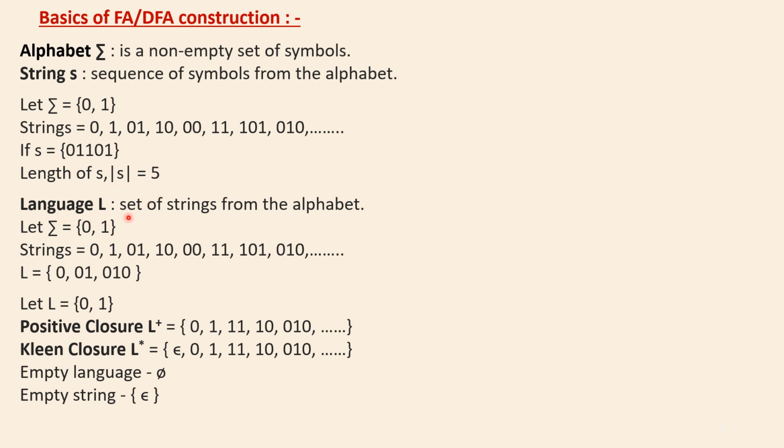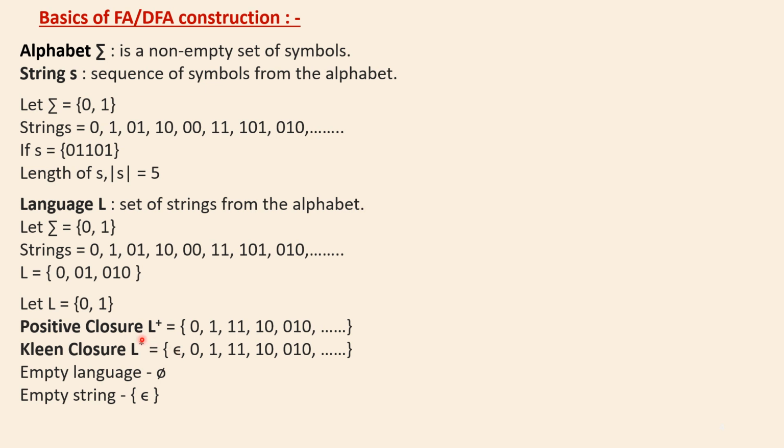A language is nothing but a set of strings from the alphabet. Now we have n number of combinations we can have from 0 and 1. Taking a few of them together gives us a language that we will be using. Here, what is positive closure and Kleene closure? Kleene closure is where we have the set starting from epsilon, which means the state can be in the final state even without having any transition.